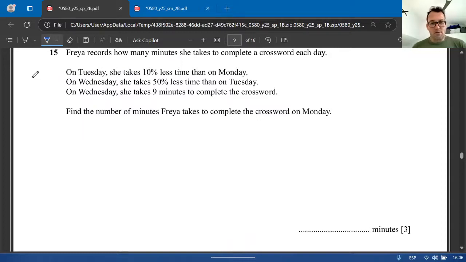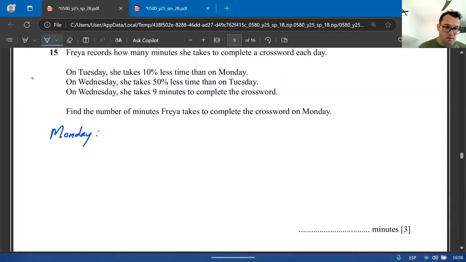Right, Freya likes to do crosswords and she likes to write difficult puzzles of how long it takes her to complete them. And now we need to figure it out. Let's see. First is Monday. Monday she takes 10% less time than Tuesday.